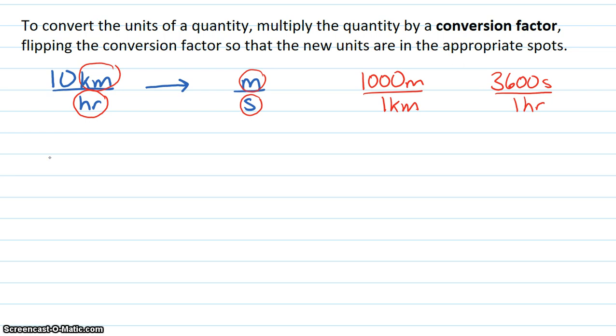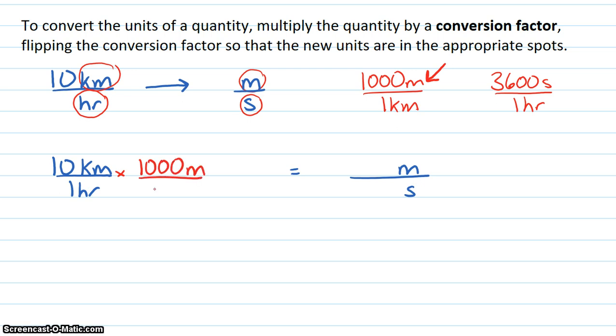So we'll take our original quantity, the 10 kilometers per 1 hour, and what we want to end up with is meters per second. So meters on the top line, seconds on the bottom. Well, if meters is on the top line, I know I can use that conversion factor. So I'll multiply by 1,000 meters on the top line, per 1 kilometer.